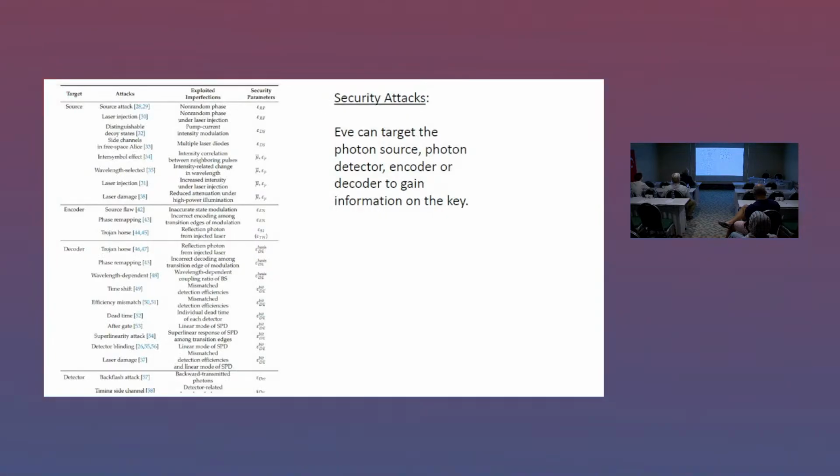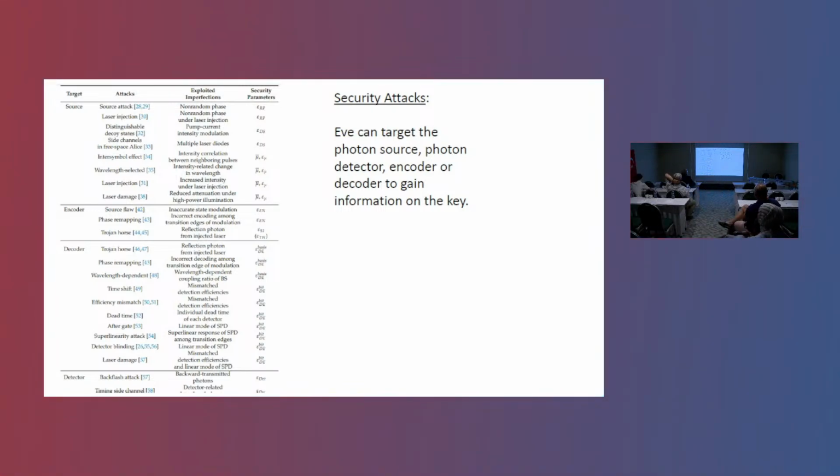So this is a list of security attacks that Eve can implement on the communications channel. The security attack could be either to the photon source, photon detection, or encoder and decoder of the communication system.